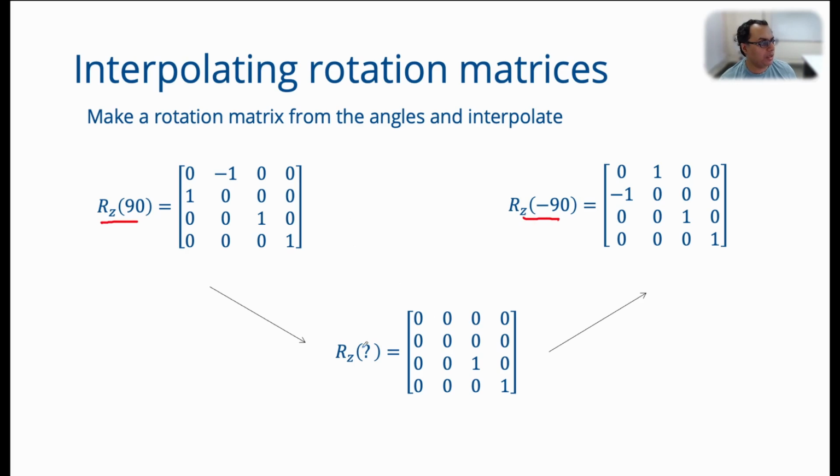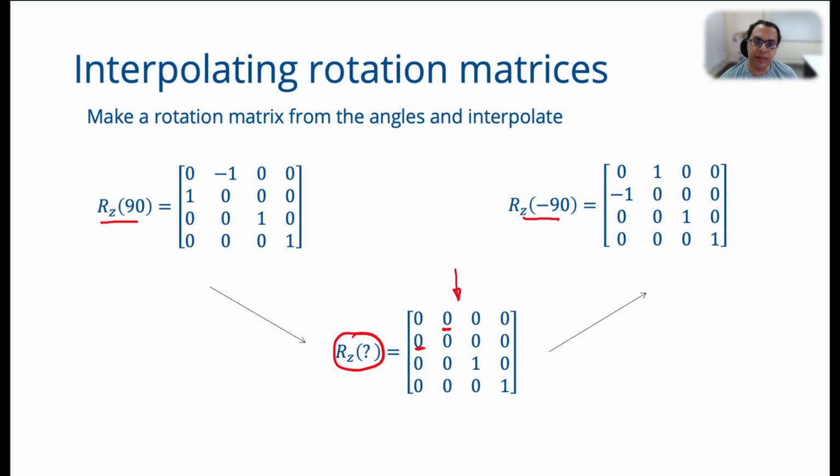And if you try to do a term by term interpolation, you will get this matrix where these two values have disappeared midway, right? Because this was 1 here, this was minus 1, and this was minus 1 here, and this was 1. So midway they are both 0. This matrix is not even a rotation matrix. So obviously this is not a very good idea. You cannot interpolate directly in the space of rotation matrices.